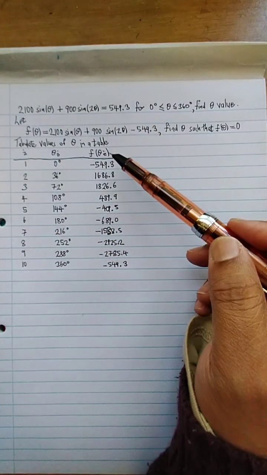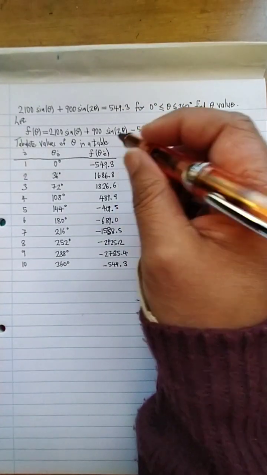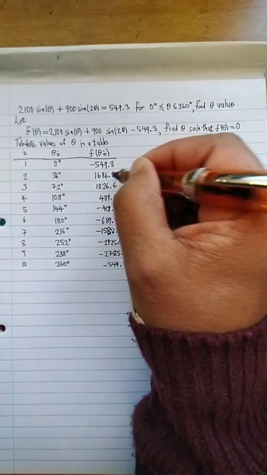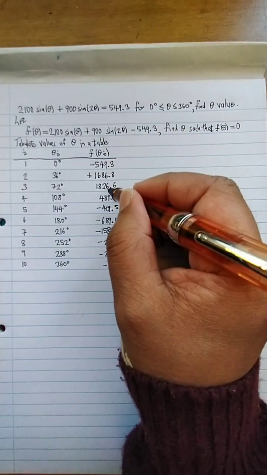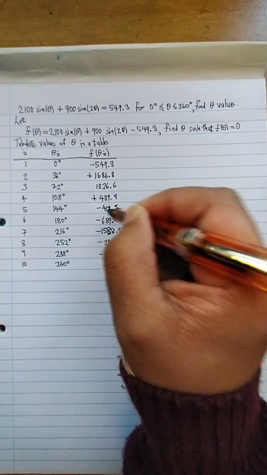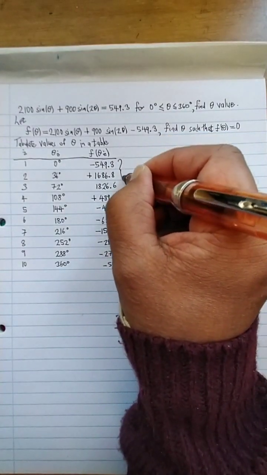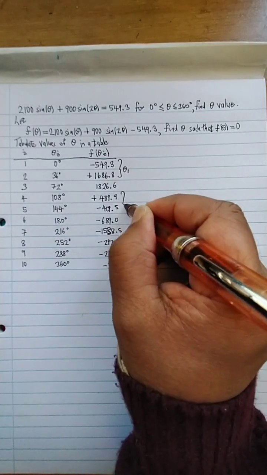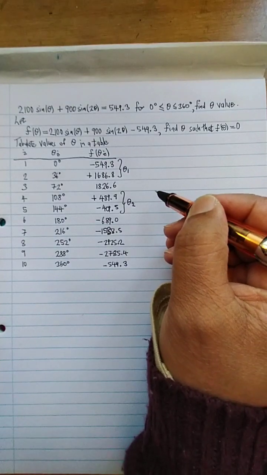We want to find the value where it is equal to 0. So we see that this is a negative, minus 549, and this is positive 1689. And then there is a value of positive 489 and minus 409. Between the negative and the positive, there's going to be some value of theta, and between the positive and the negative, there's going to be some other value of theta.